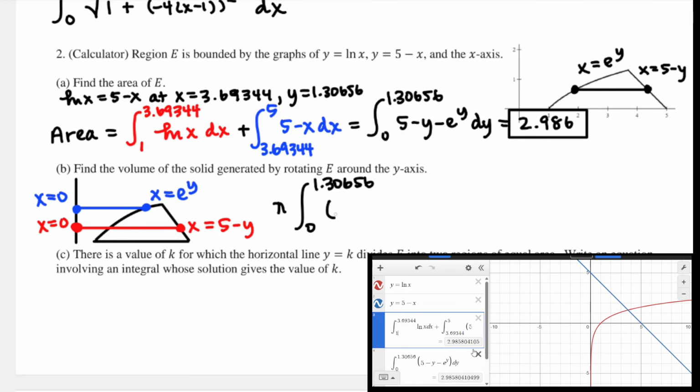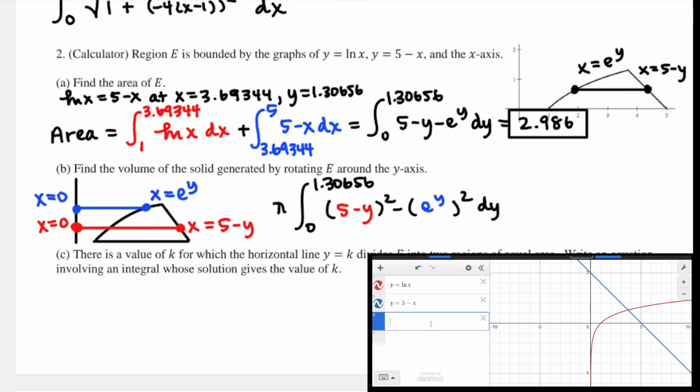And then the large radius squared is going to be 5 minus y minus 0. The small radius would be e to the y minus 0. Alright, and so I can get rid of these. I shouldn't have gotten rid of that one, but I'll need a pi in the front.